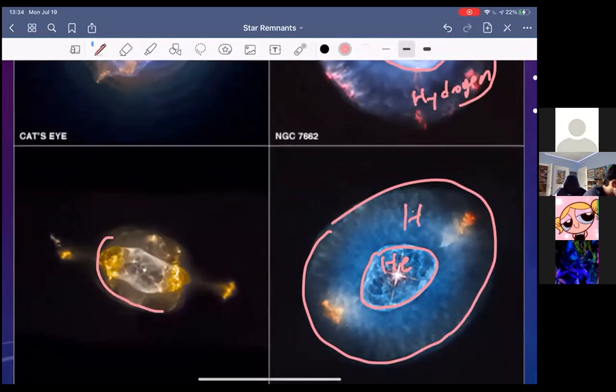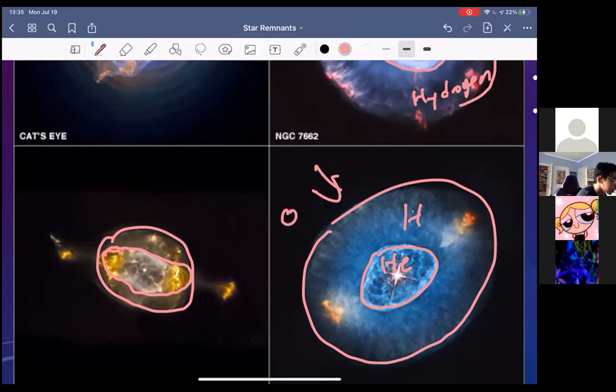And some nebulas are a bit more asymmetrical like this, right? Where in these, there are two very distinct layers, where it kind of looks like there's one circle and then another circle outside of it. This nebula has a really flat, wide shape and then another circle around it. The reason for this is just that not every star is the same. Sometimes stars have really weird magnetic fields at their cores.